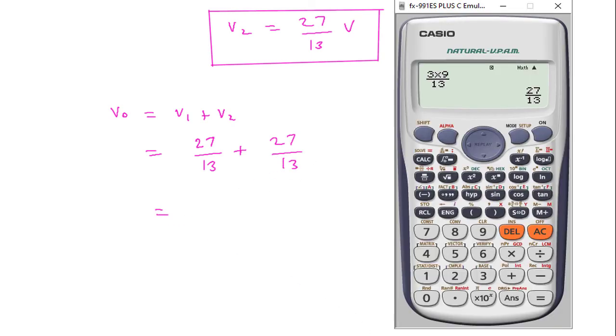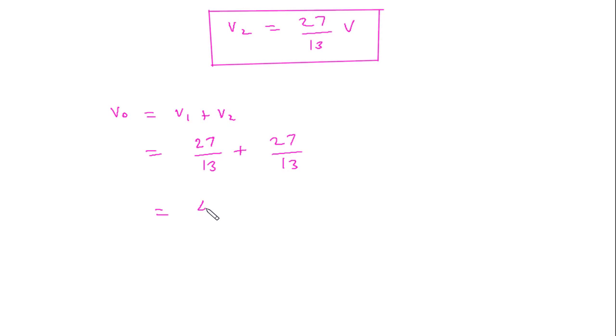So this is equal to 27 by 13 plus 27 by 13, which is 4.153 volt. This is the value of VO.